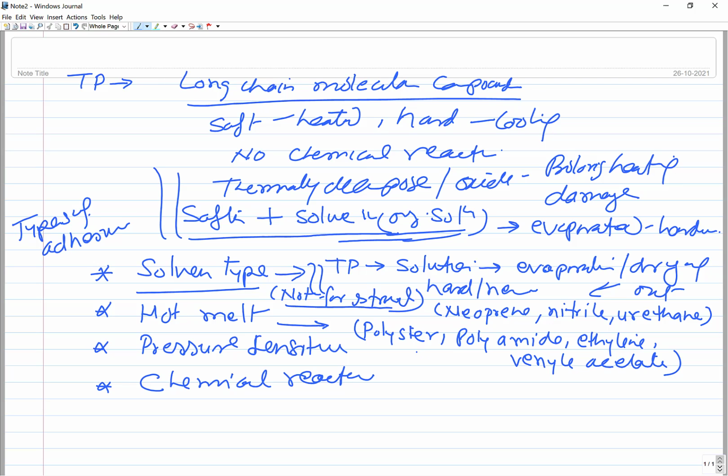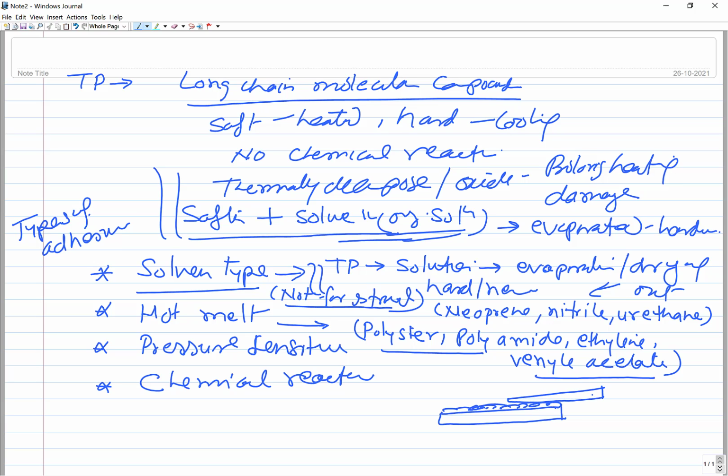What we do is, these adhesives in the molten state are applied on the surface of the component to be joined, and on solidification, or subsequently on cooling, you get the desired strength.